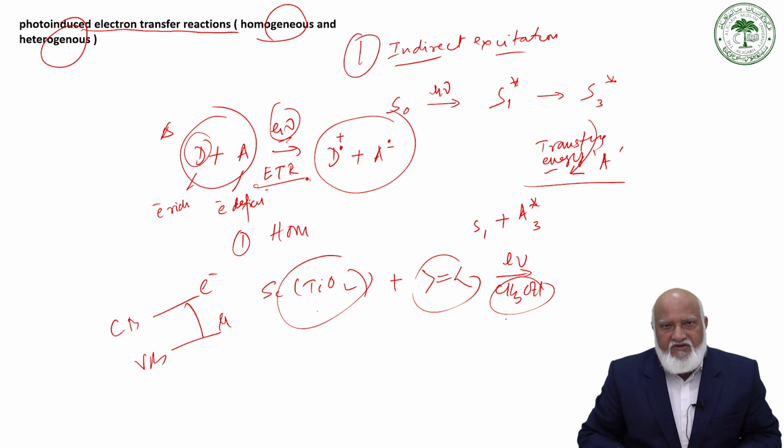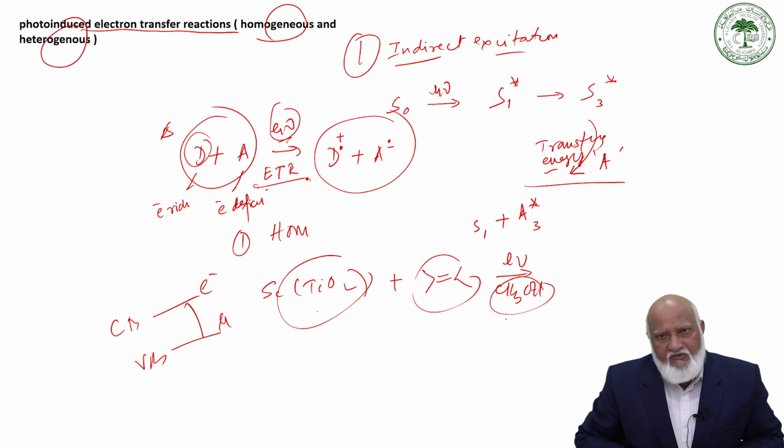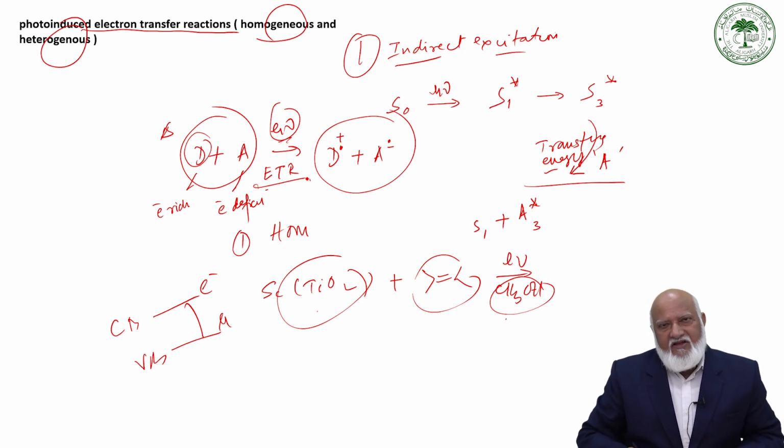A homogeneous photoinduced electron transfer reaction is a single phase reaction, where both donor and acceptor are soluble in the medium. A heterogeneous photoinduced electron transfer reaction is a biphasic reaction in which one component is soluble and the other is insoluble, and the reaction takes place on the surface, and hence it is possible to recycle and reuse the catalyst again and again, which has a lot of application from a recycling point of view.